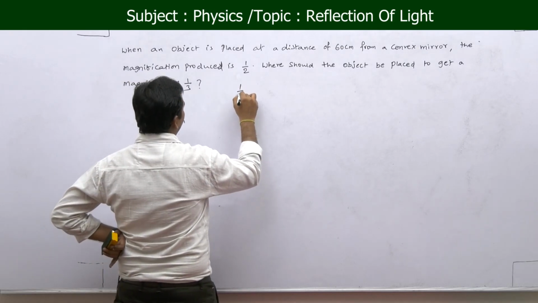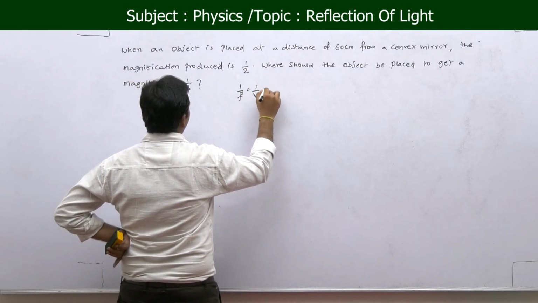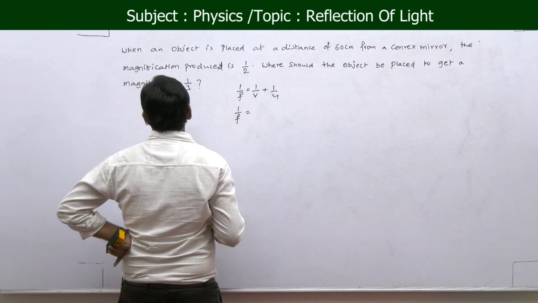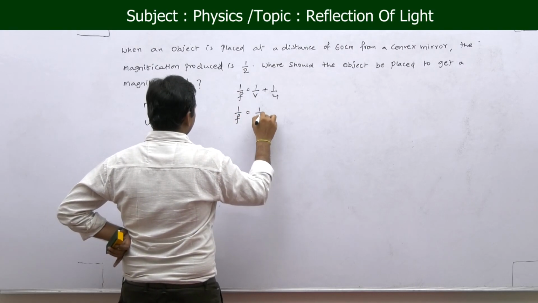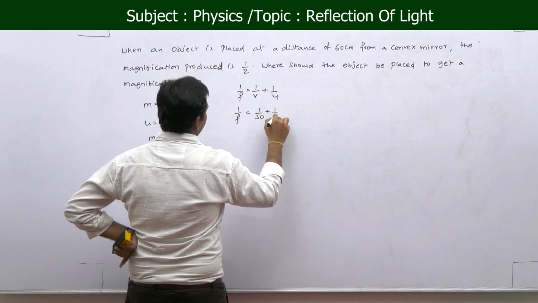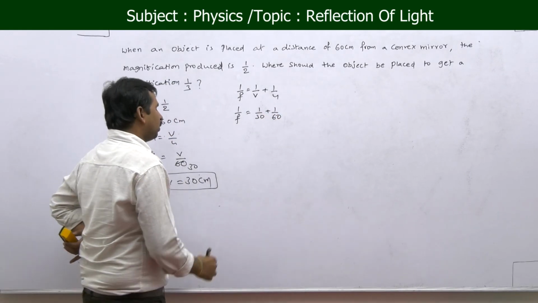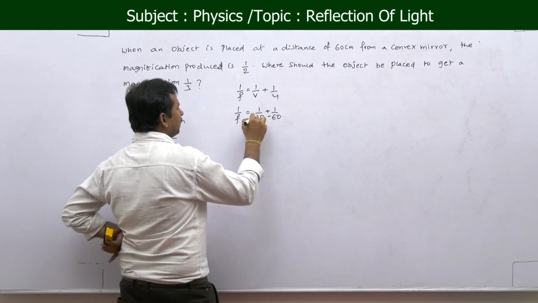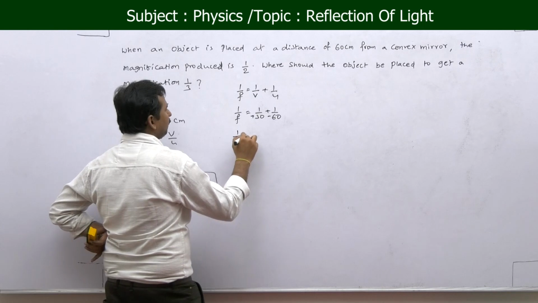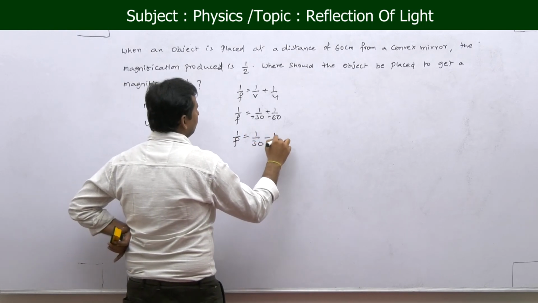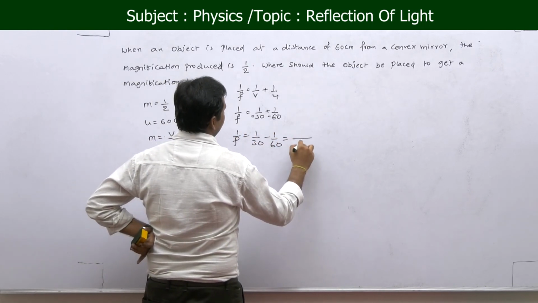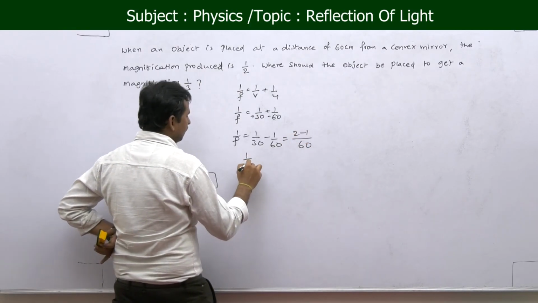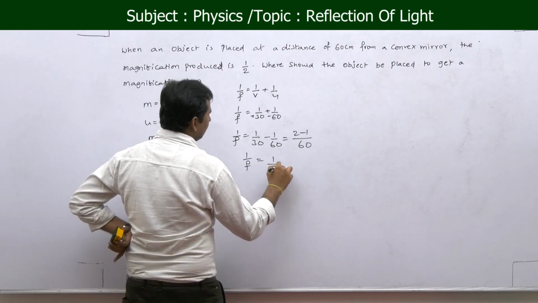Then from the mirror formula 1 by f is equal to 1 by v plus 1 by u, then 1 by f is equal to v value given as 30 and u value as 60. Then according to the sign convention, object distance is minus, image distance is plus here for convex. Then 1 by f is equal to 1 by 30 minus 1 by 60, which, if you take LCM 60, is 2 minus 1, then 1 by f is equal to 1 by 60.